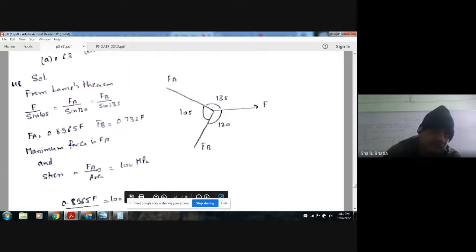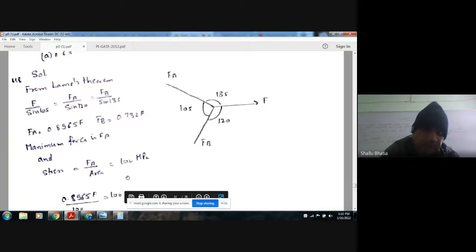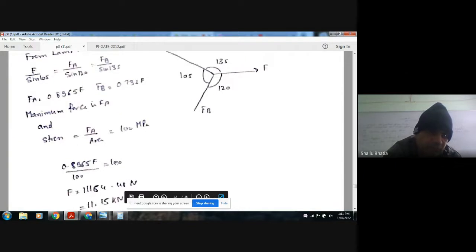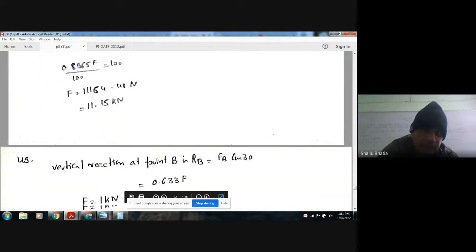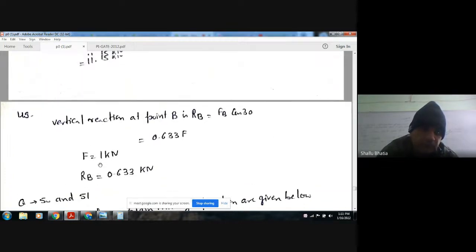The stress is 100 MPa, so FA by area is 100 MPa. Putting the value of FA as 0.8965F and area as 100, from this we can find out F. So F is 11.15. Now to find out the reaction.